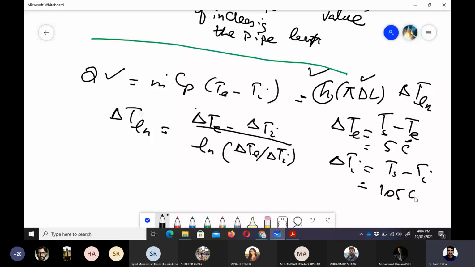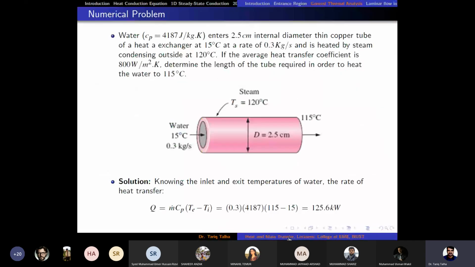And then once we know these values, we can determine delta T logarithmic, and then m dot is given and Cp is also given, so we can determine the length. If I show you the calculation, that is straightforward. 5 to 105, delta T logarithmic.